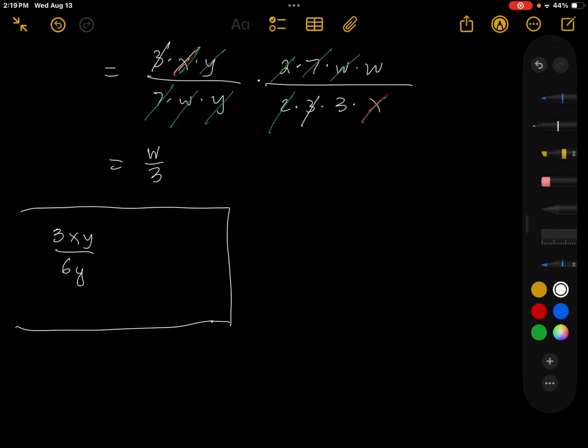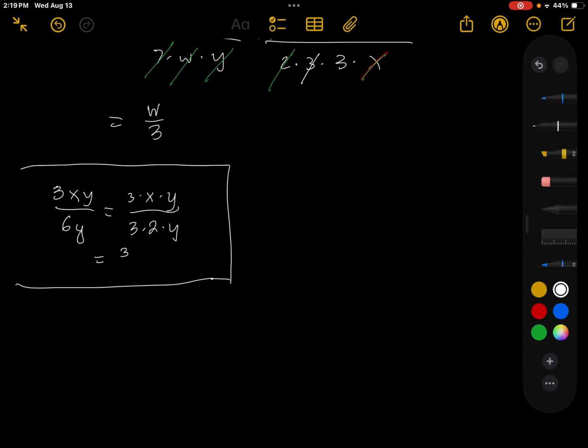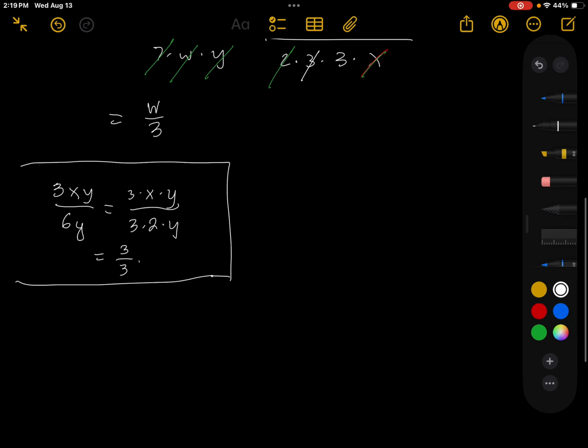The reason is because I have 3 times x times y all over 3 times 2 times y. This is the same, using the properties of multiplying numbers, as 3 divided by 3 times x divided by 2 times y divided by y.